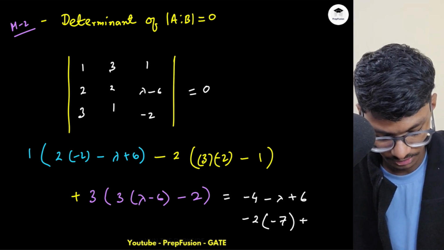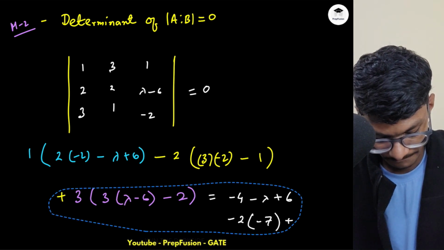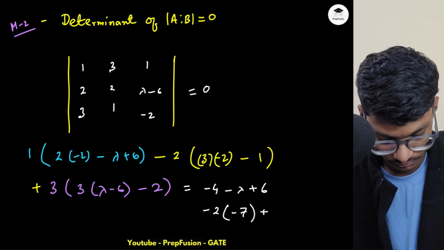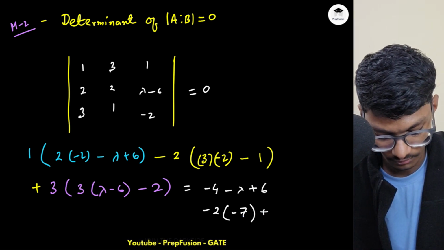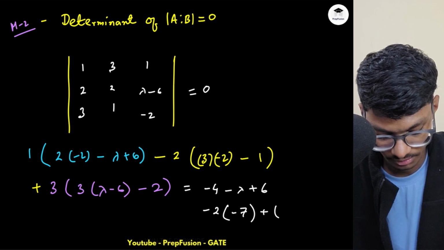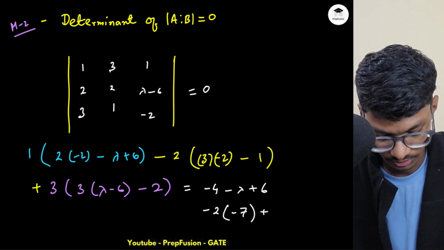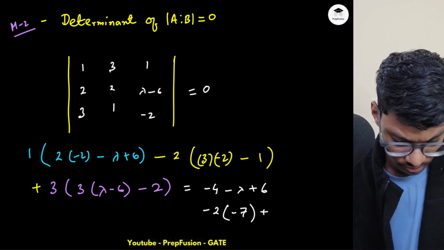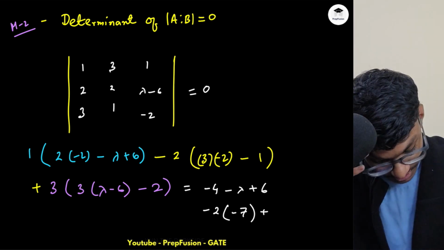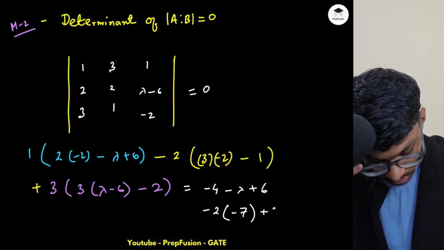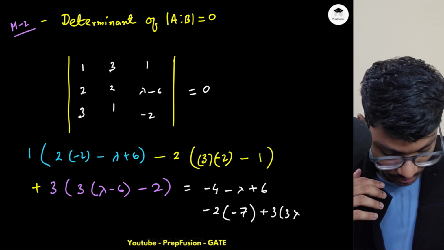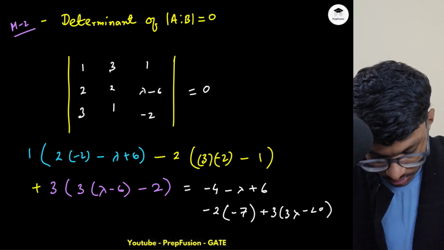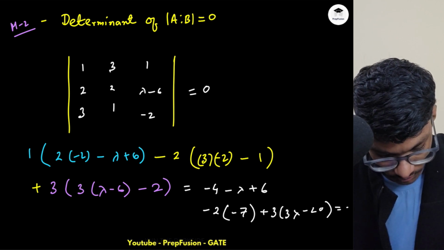And this is plus 7. And this is 3 times 3 lambda minus 18 minus 2, which is minus 20. All of this should be equal to 0.